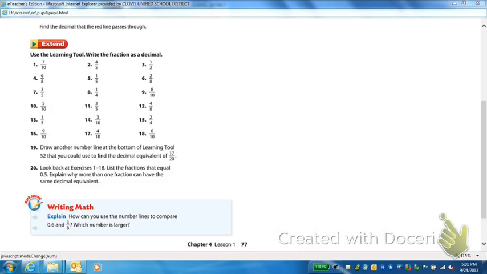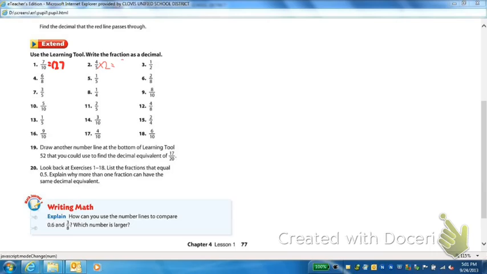So let's take a look at some of these problems here. We have 7 tenths for number 1, which would just be 0.7. 6/8 we just did. 4/5. I can change my 5 to a 10 by multiplying this by 2.